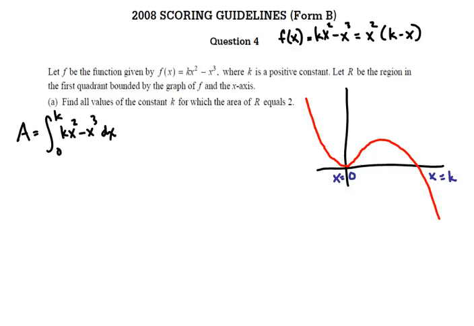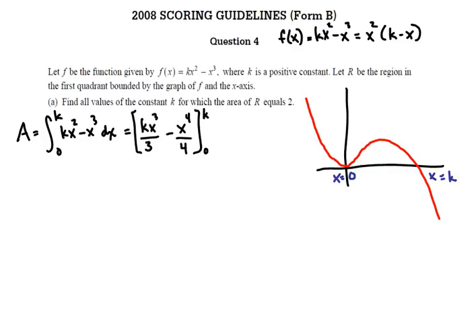And the area of that region in the first quadrant bounded by the graph of f and the x-axis is given by the integral from 0 to k of kx squared minus x cubed dx. And the antiderivative of that integrand then is kx to the third over 3 minus x to the fourth over 4, and we're going to integrate that from 0 to k.